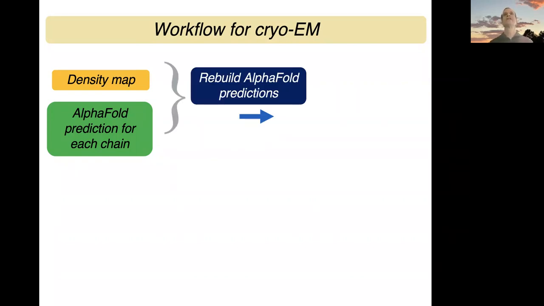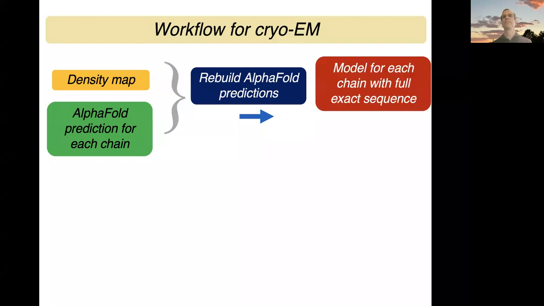So if we have our density map and an AlphaFold prediction for each individual chain, in Cryo-EM, the map is more or less independent of each model. So you can independently rebuild each AlphaFold prediction one at a time.